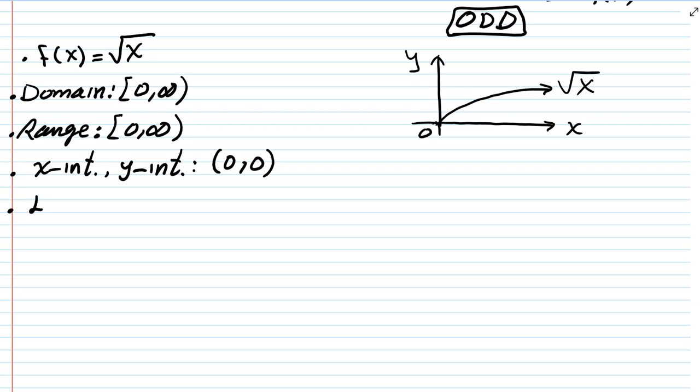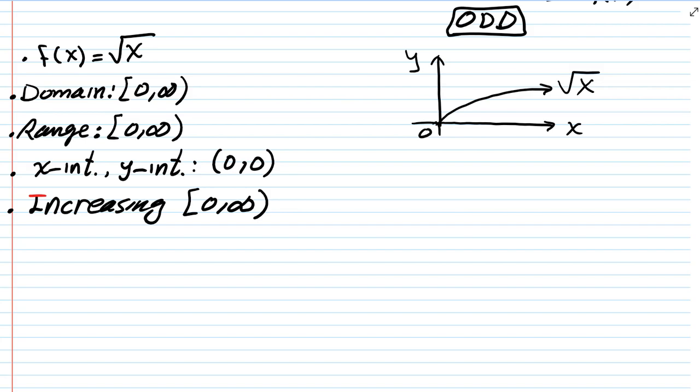Increasing, decreasing function. Well, as I go from left to right on the number line, I'm always going higher on the graph, right? So therefore the function is always increasing over the entire domain from 0 to infinity.